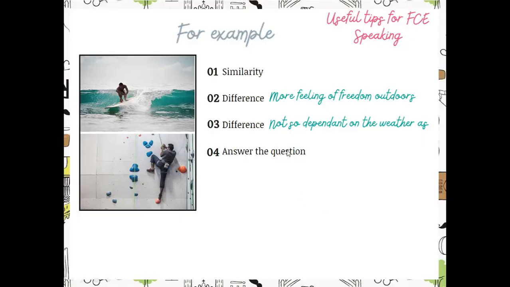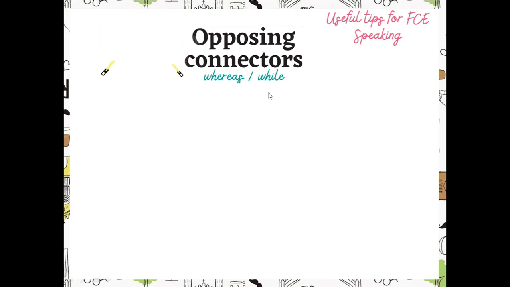Well, now we're going to focus on the two differences, right? Remember, one difference is that this one has more the feeling of freedom because he's outdoors, and the other one is that the climber is not as dependent as the surfer on the weather. Okay, so how are we going to say this using the connectors whereas and while?